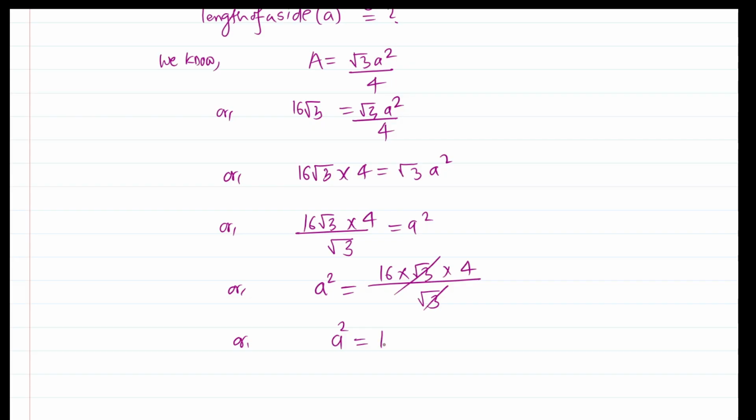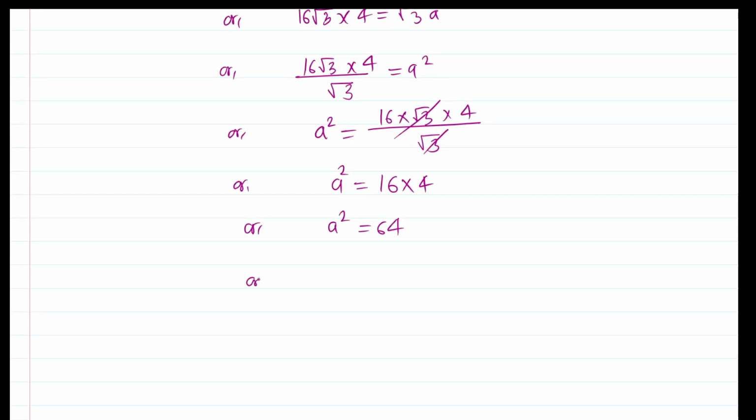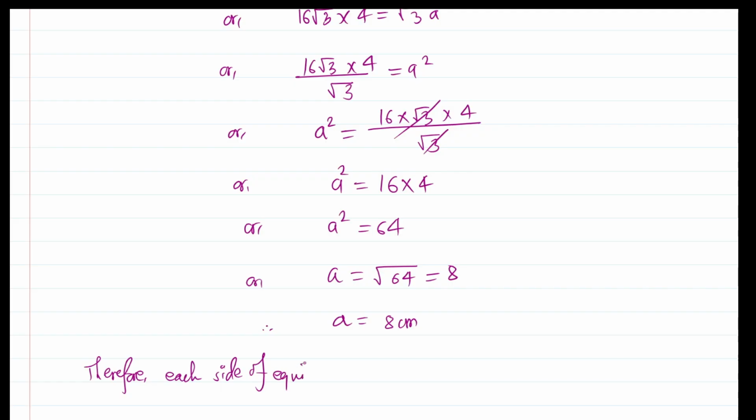And A square is equal to 16 times 4, or A square is 64. A is root 64, which is equal to 8. Therefore, A is equal to 8 centimeters. Therefore, this side of the equilateral triangle is 8 centimeters.